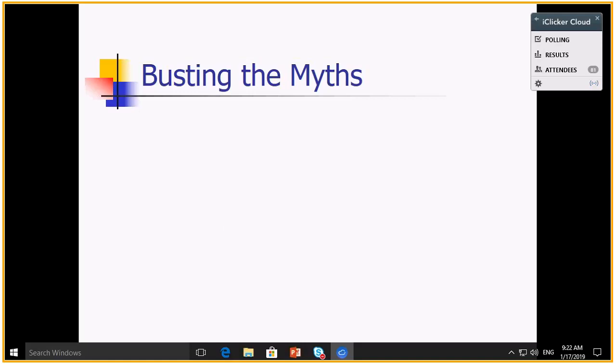Let's bust a few myths about Native Americans. When the Europeans come over and they encounter American Indians, they're going to start to shape their own beliefs and attitudes about them. And these beliefs and attitudes are frequently wrong.